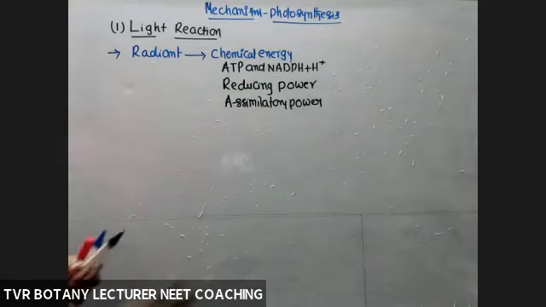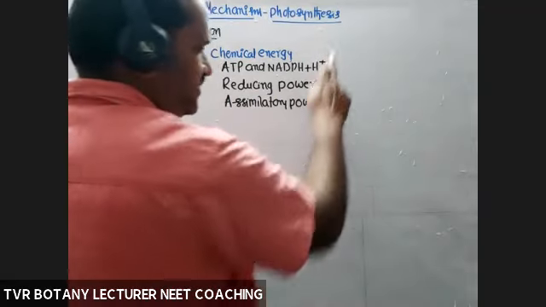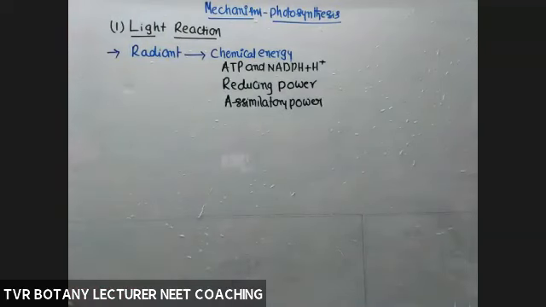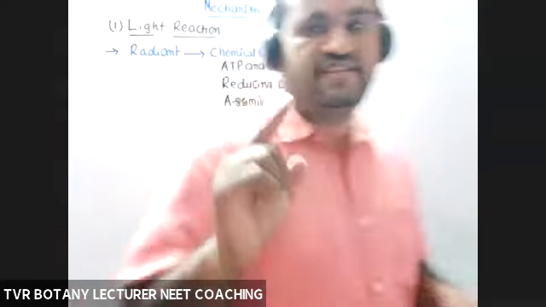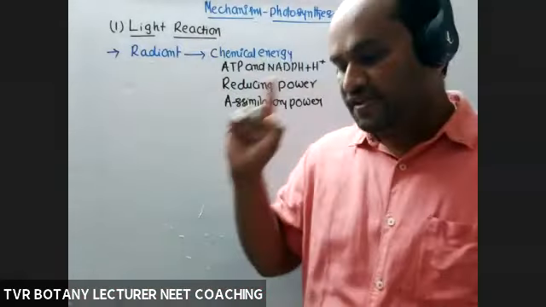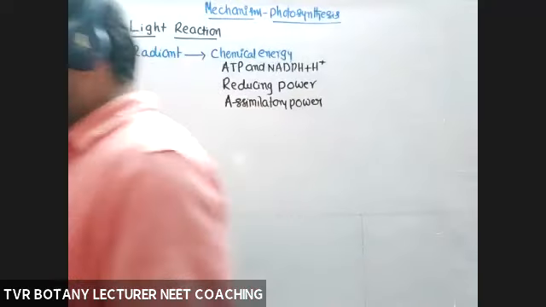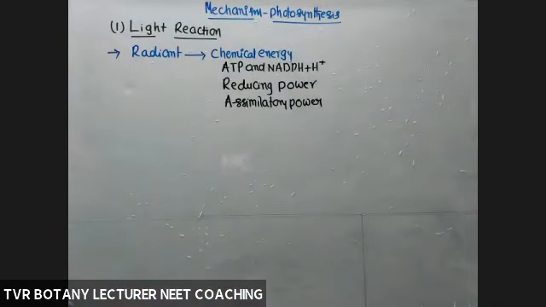Before this, we completed photosystem 1 and photosystem 2. In each photosystem, one reaction center is present, represented by the chlorophyll A molecule only. So only the chlorophyll A molecule present in the reaction center is able to transform radiant energy into chemical energy. The rest of the pigments are able to absorb and transfer that energy to the reaction center.